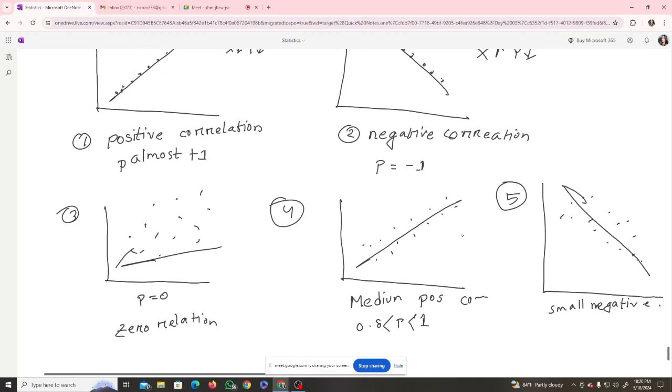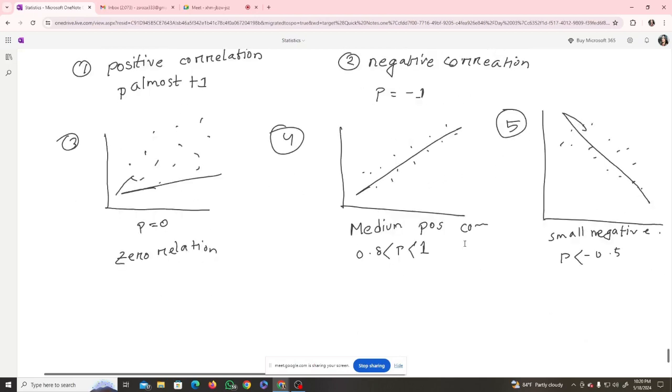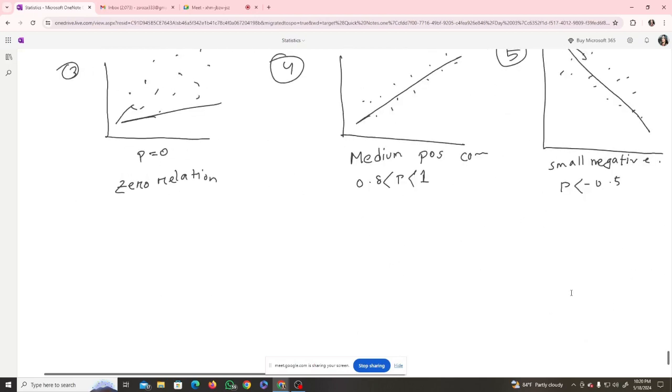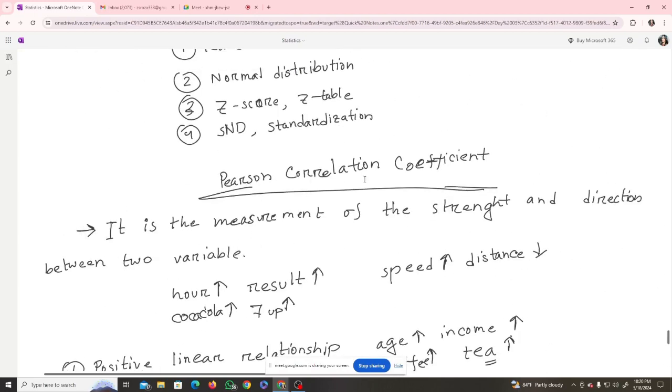And in this case, your Pearson value will be smaller than -0.5. All right, so this was for Pearson correlation coefficient.